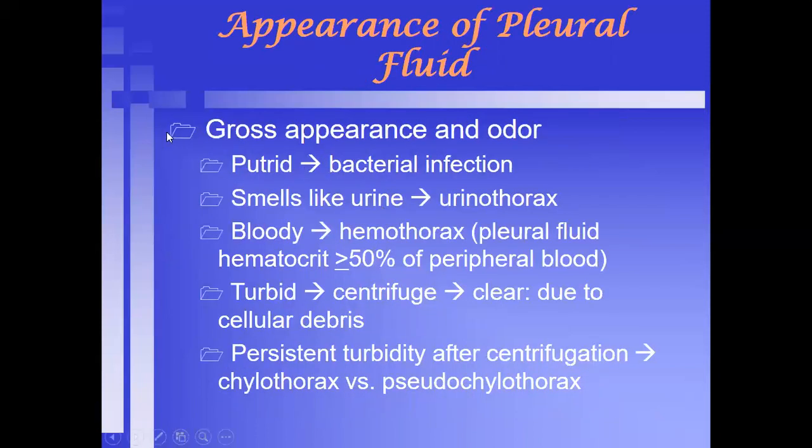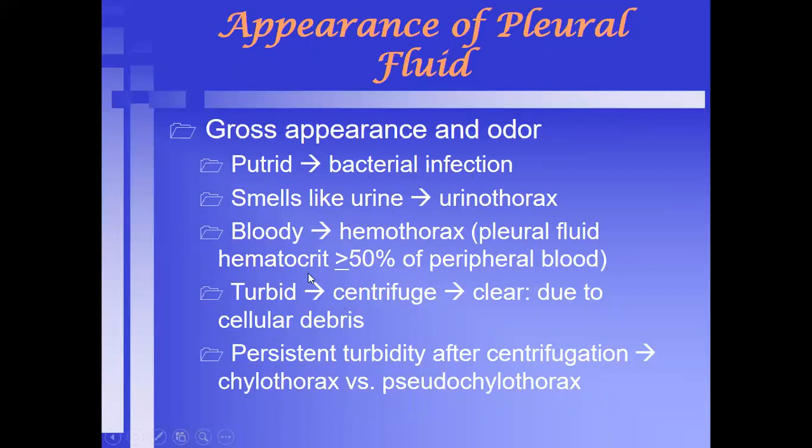Other tests, you can look at the gross appearance and even the odor of the pleural fluid. If the fluid smells like pus or has a rotten smell, then consider a bacterial infection. Obviously, if it smells like urine, then that is probably a urinothorax. Again, if it's bloody and the hematocrit is more than or equal to 50% of the peripheral blood, then consider a hemothorax.